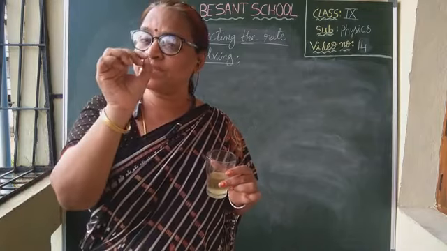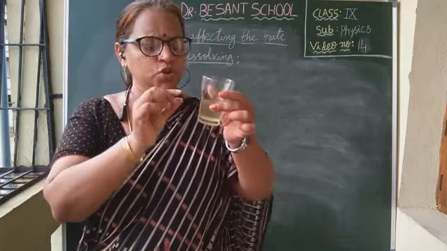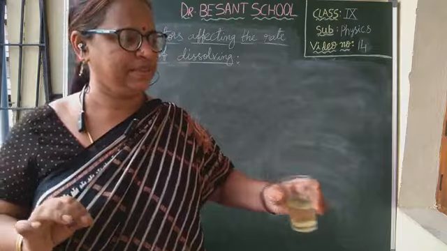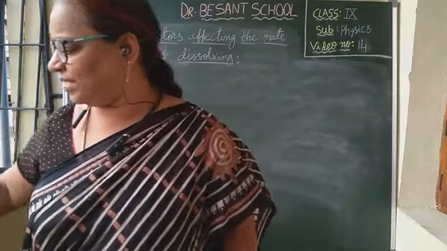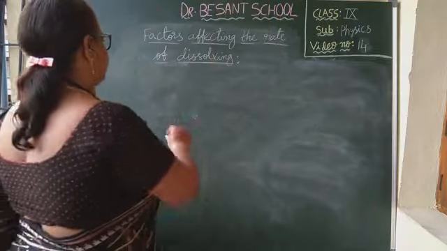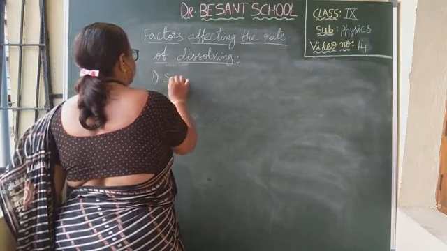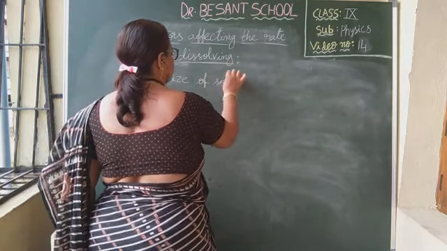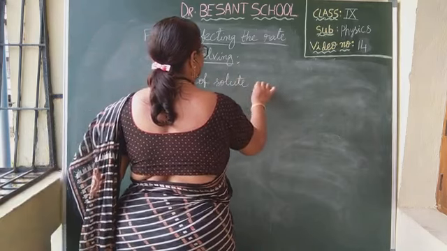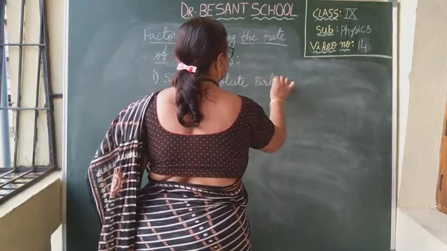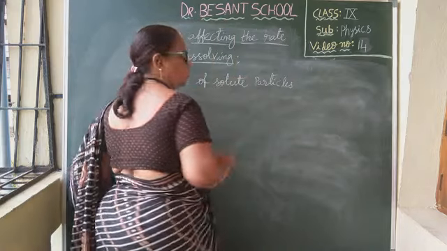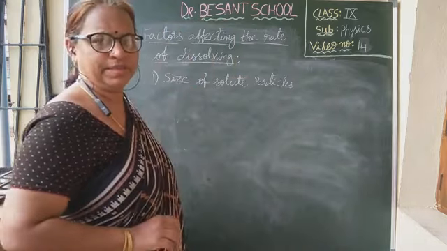Because salt particles are small in size, sugar particles are big in size, isn't it? That means the first factor which will affect the rate of dissolving is size of solute particles. Okay, children?